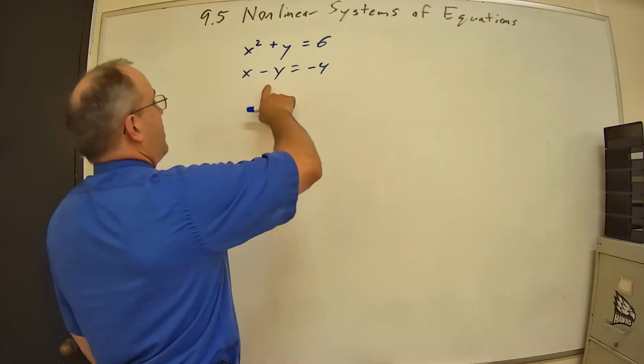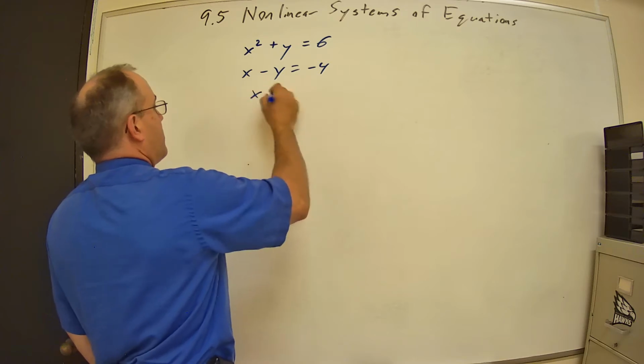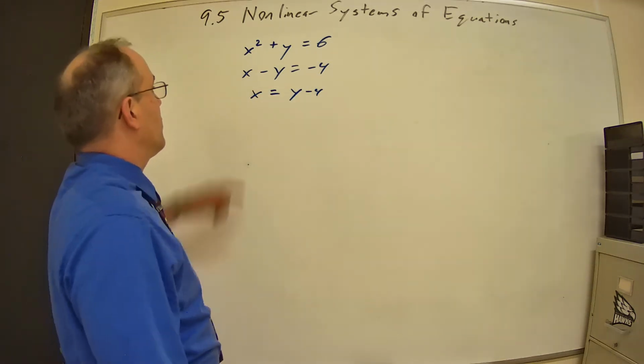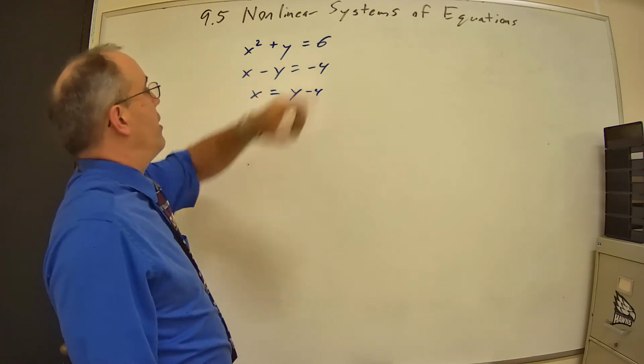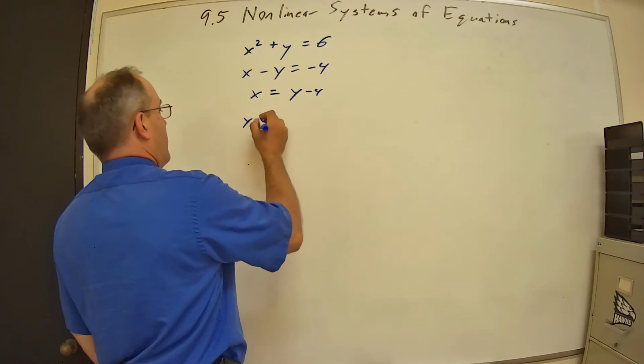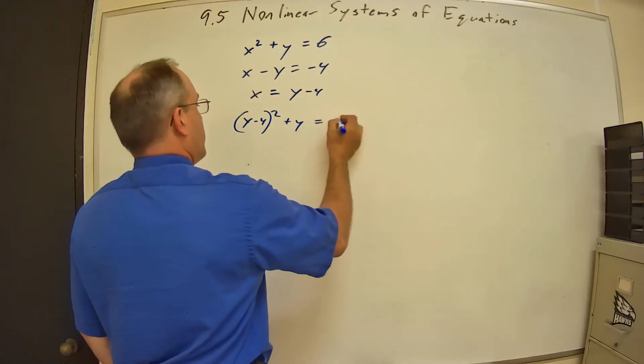I see that I can easily find x, and I can say x is equal to y minus 4. So I can plug that into my first equation here. I have y minus 4 squared plus y is equal to 6.